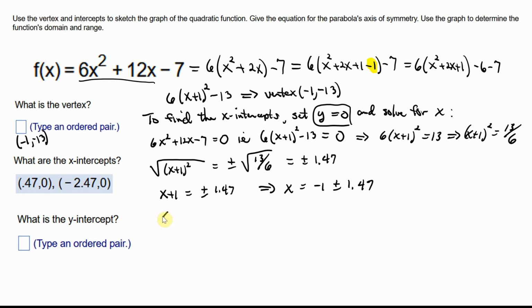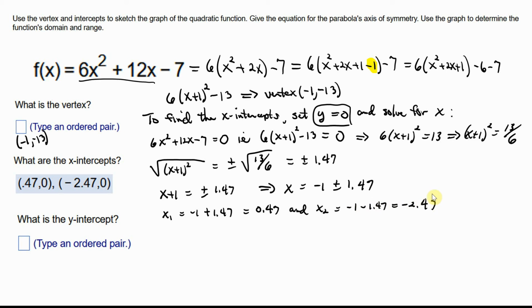And so I have x1 is negative 1 plus 1.47. So we get 0.47. And x2 is negative 1 minus 1.47. And I get negative 2.47.